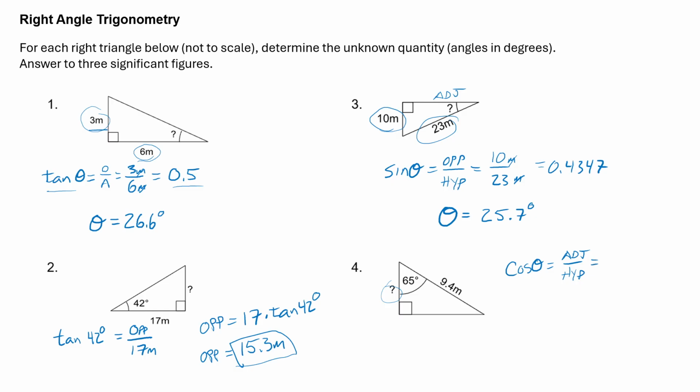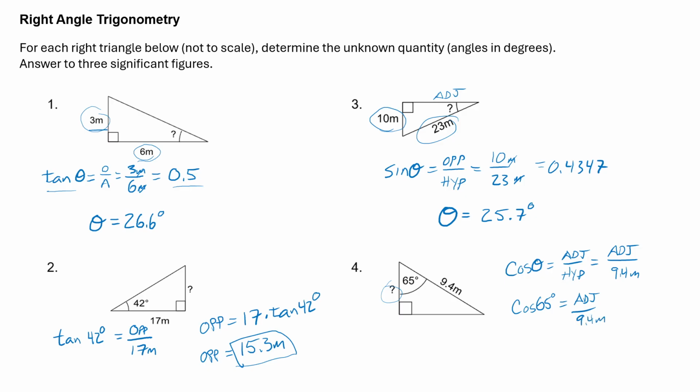My adjacent is my unknown, so let me just leave that as ADJ over my hypotenuse of 9.4 meters. And that's the cosine of 65 degrees. So the cosine of 65 degrees is going to be my adjacent divided by 9.4 meters.